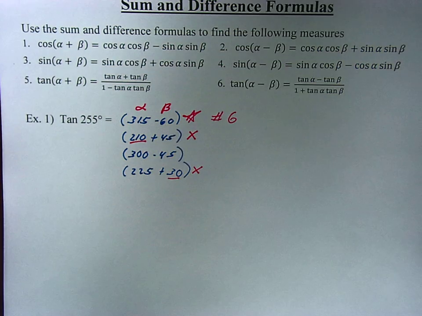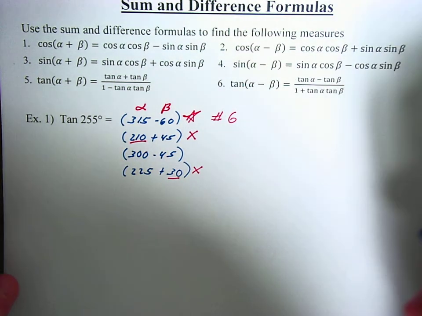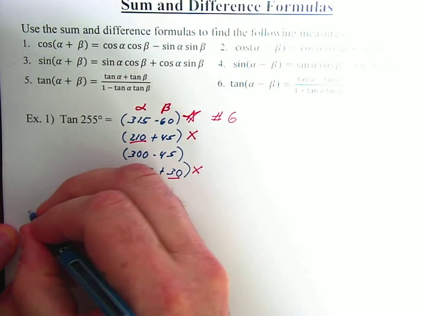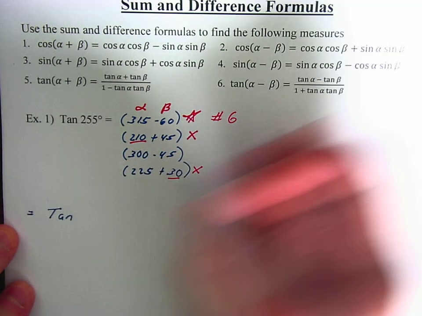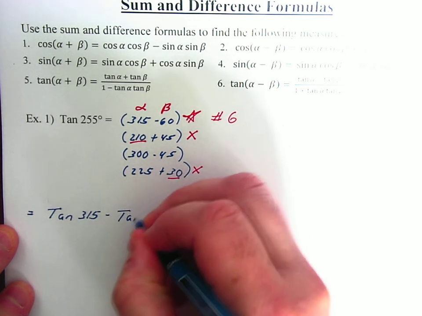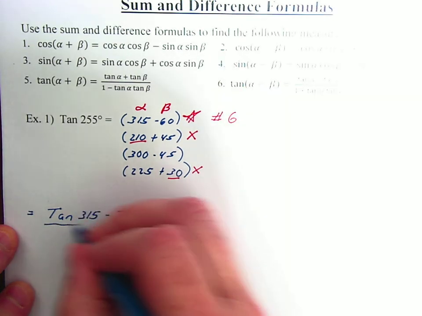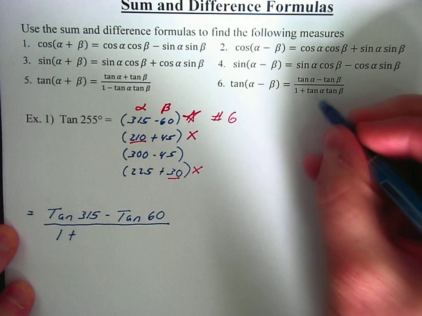Okay. All right, so we're looking at 315 for alpha and 60 for beta. So formula number 6, according to that, here's what it's going to be. It's going to be the tangent of alpha, 315, minus the tangent of beta, which is 60, over 1 plus their product.